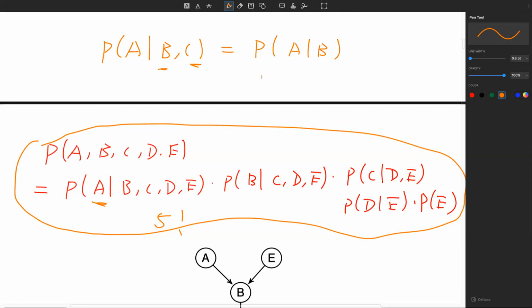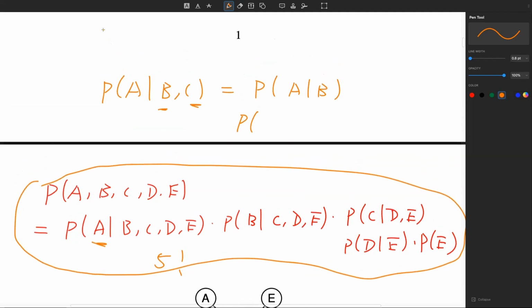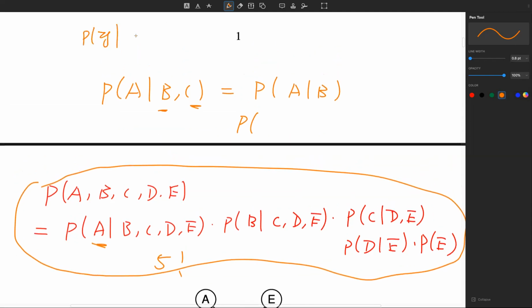And you have seen it before. Where have you seen it? Remember when we talked about the Bayesian predictive filtering, we say P of Y conditioning on training, and this is equal to P of Y conditioning on theta times P of theta conditioning on training, right?